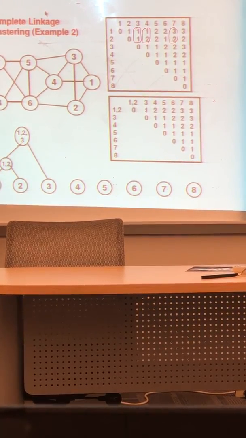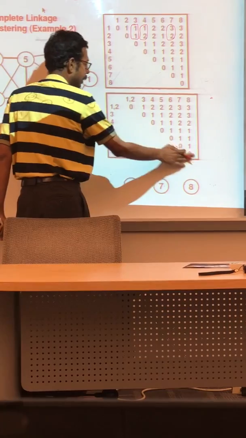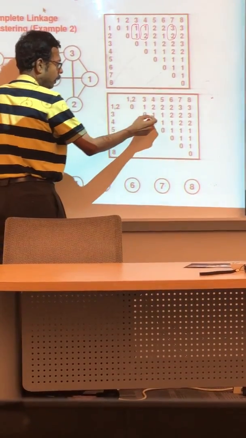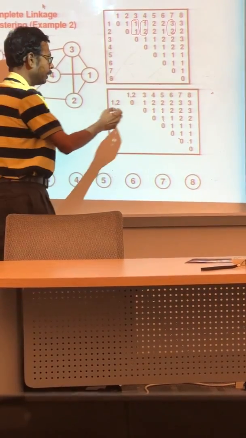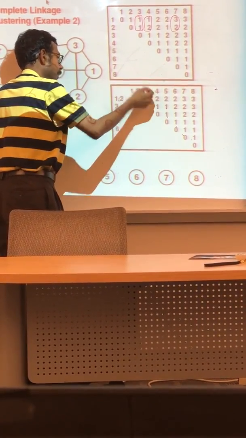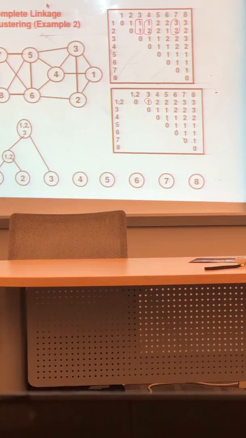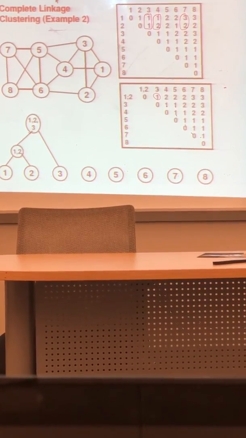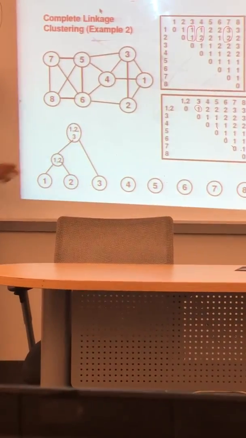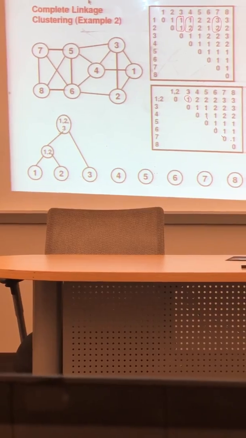Alright, so again now you have several ones, but as before, all the other ones out here are between a vertex pair, and this one is between a cluster vertex pair. So we break the tie by going for the cluster vertex pair. Which means you will combine 1, 2 and 3 into one cluster and go further.